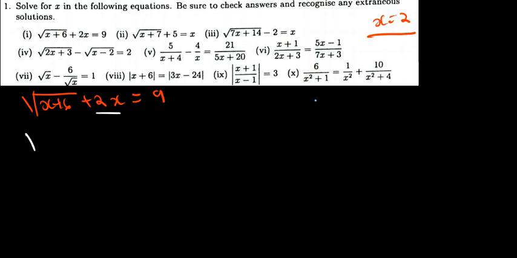So we have the square root of x plus 6 is equal to 9 minus 2x. The reason I'm doing this is that I need to have the square root on its own on the left hand side. When I reach this point, now I can square to get rid of the square root.